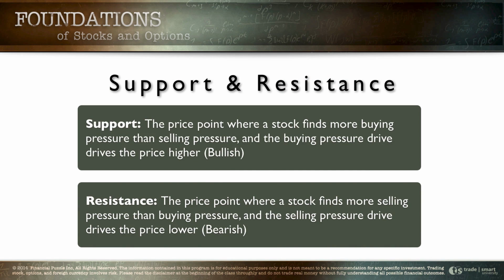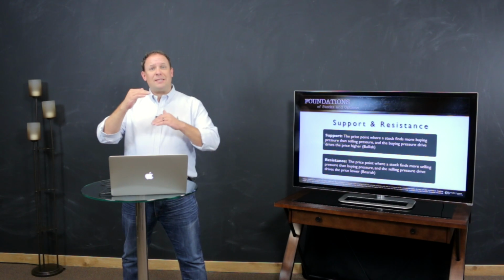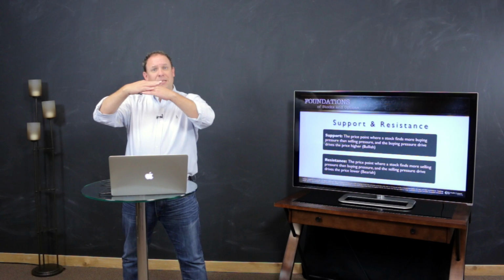We'll call that support. Now, resistance is going to be the exact opposite. Resistance we're going to define as the price point where a stock finds more selling pressure than buying pressure, and the selling pressure drives the price of the stock lower, thus creating a bearish situation. So let's think about resistance as the opposite of the floor. Resistance is going to be like the ceiling.